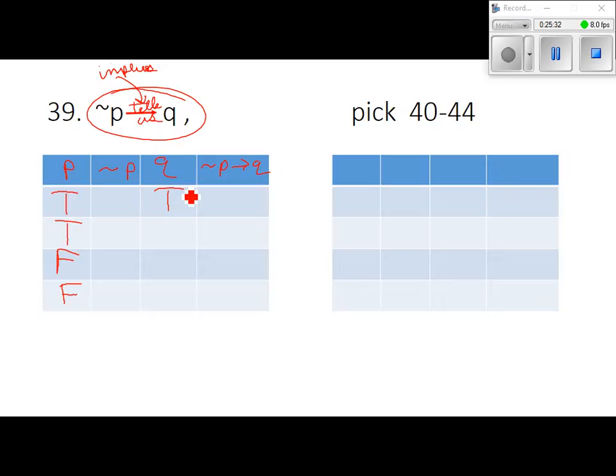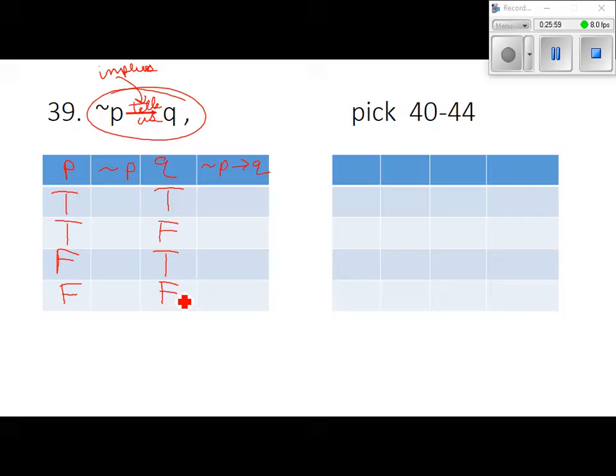If P is true, Q could be false. What's going to go here? True, false. Do you see how we got every possible outcome now? We got a true, true, we got a true, false, we got a false, true, we got a false, false. So if you do it this way every time, you're going to make sure you get them all. So 2 trues, 2 falses, and then true, false, true, false.